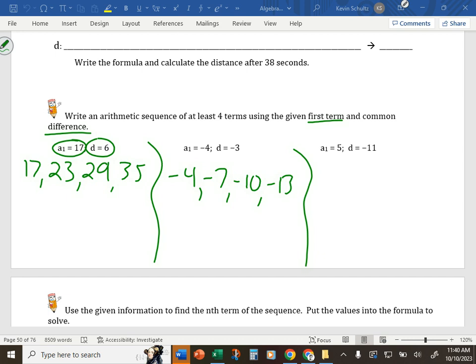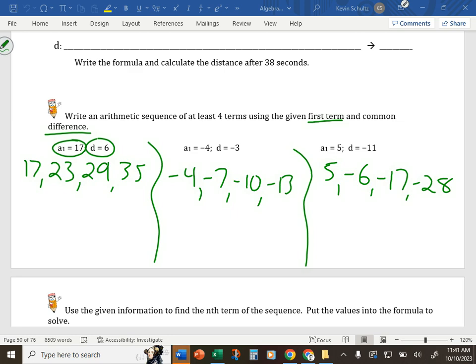What are we starting with? 5. The pattern is -11, so what number comes next? -6. 5 minus 11, -6. Then? -17, and finally, -28. Okay? Questions so far?